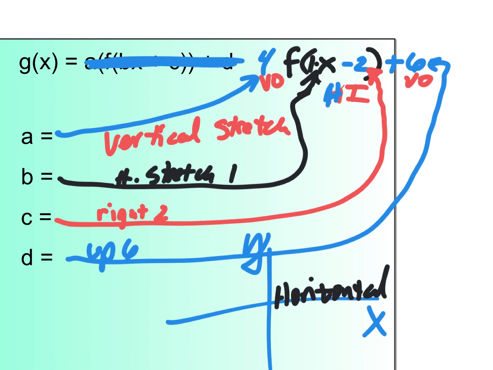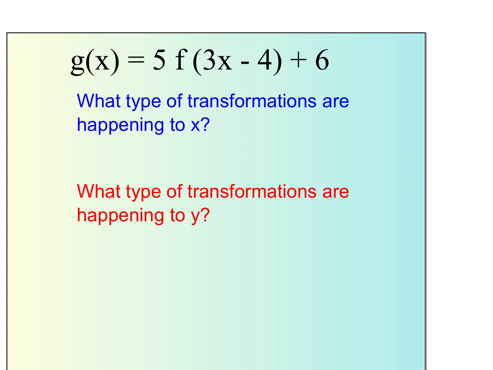Okay. All right. So then when we get this, we just did one just like this. I hope this is easier for you. What's happening to the X here? This part. That's what's happening to the X. And what's happening to the Y?